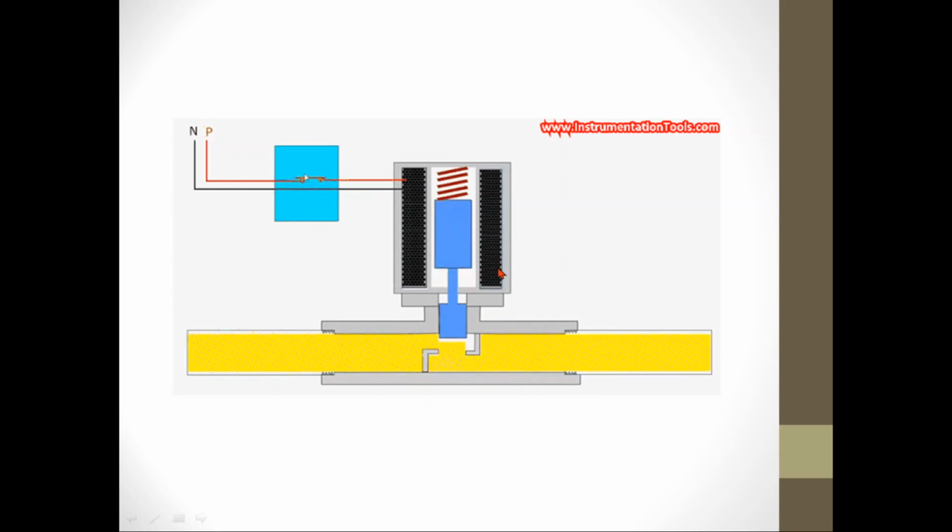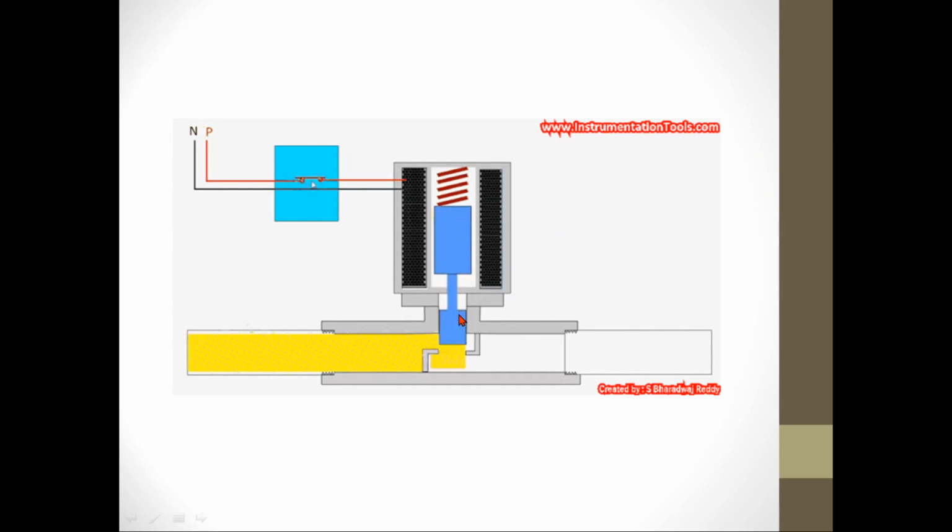The supply must be cut off. Once it is cut off, the spring will push the plunger downwards. Once it goes back to its initial position, the passage of air is blocked.